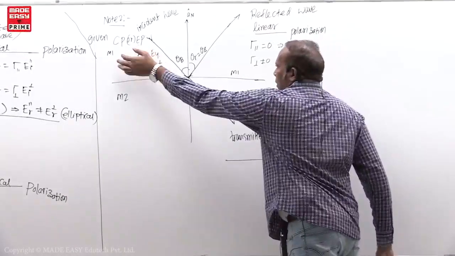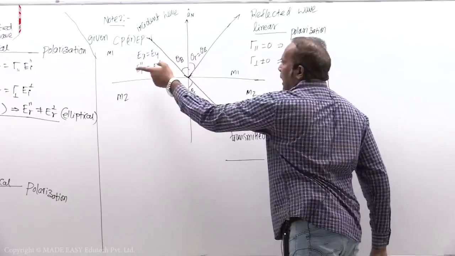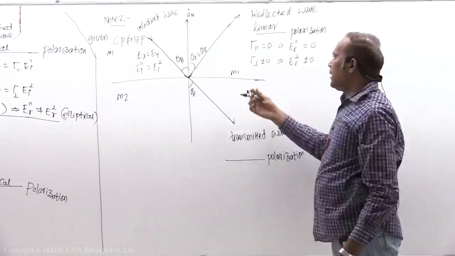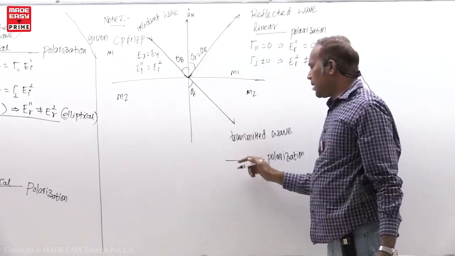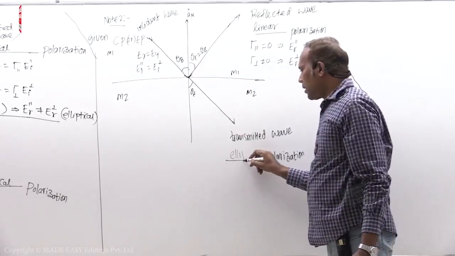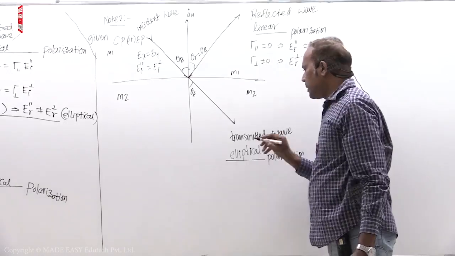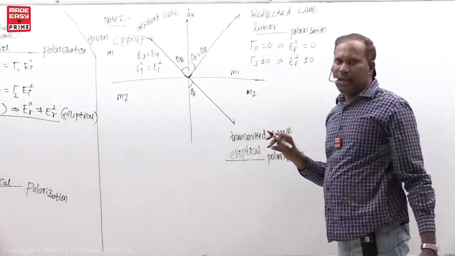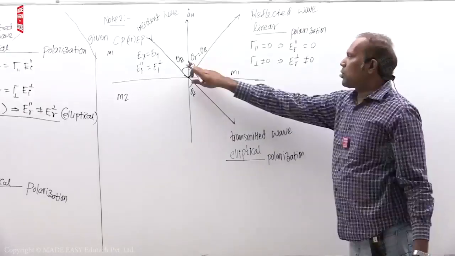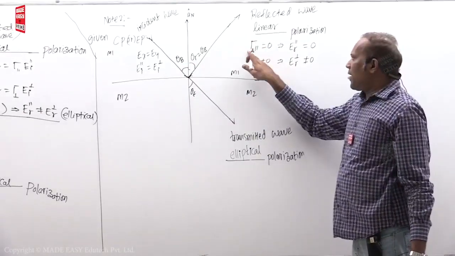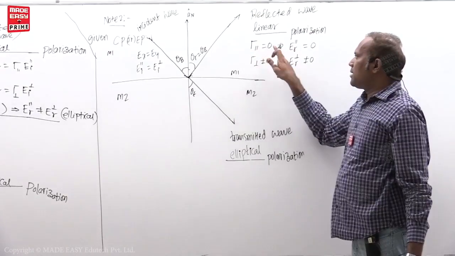Actually, if two components are there and one of them is reflected, that is why it is linear. Otherwise, unequal magnitudes come here, so it is elliptical polarization. Why is only one component there here? Because at the Brewster angle, the reflection coefficient for parallel polarization is 0.